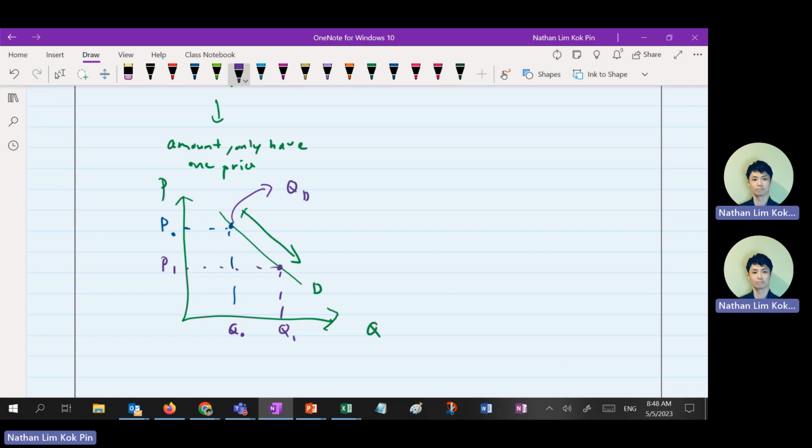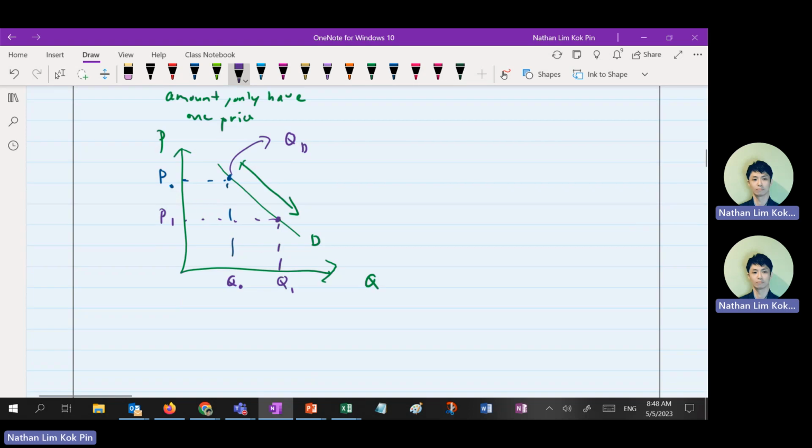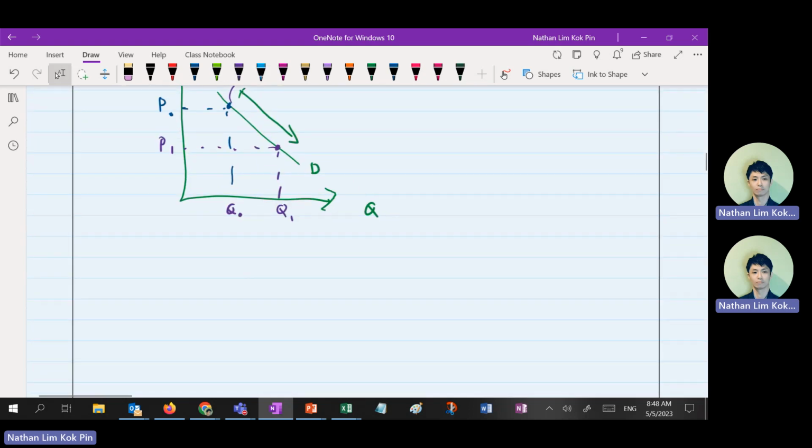What will affect the Q? QD is only based on the price of the good itself. Write down again. It is not price that affects the quantity demanded. I stressed many times that it's not price.